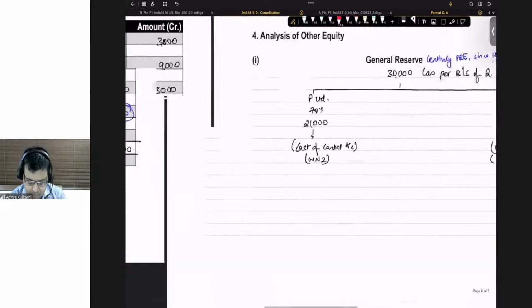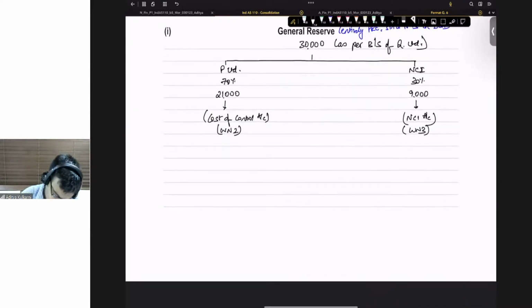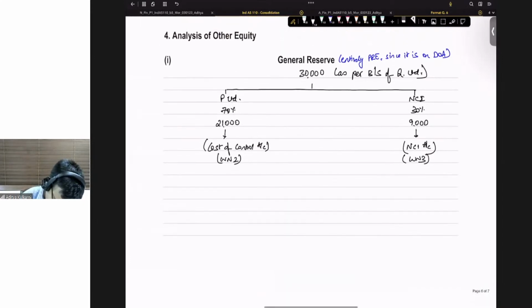Okay. The next point is we are given data on the date of acquisition. And since we have just now completed business combination, we can apply that concept and do the calculation of goodwill based on what we have studied in step number 6.